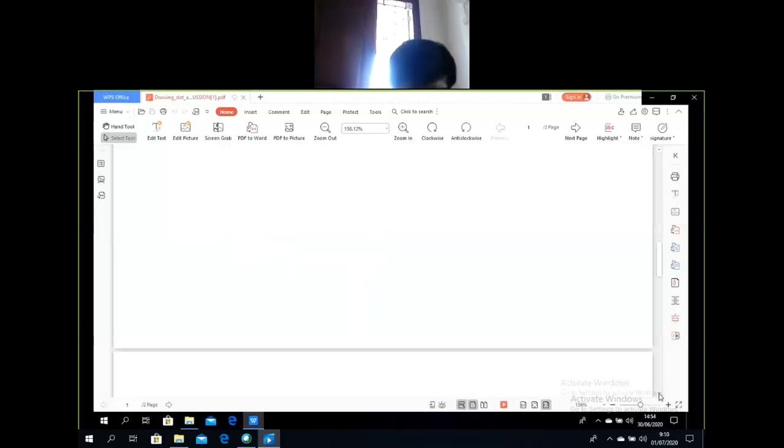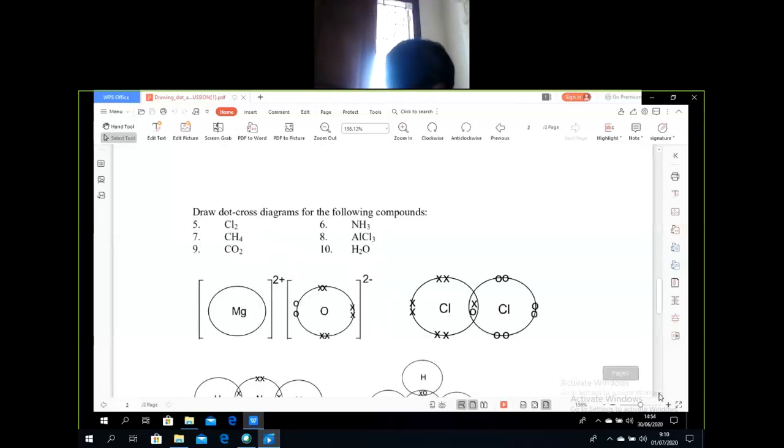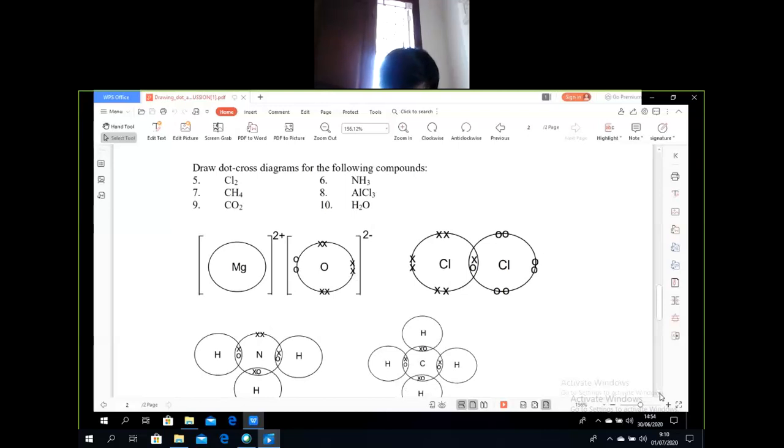And then the second one, dot and cross diagram, okay, from chlorine. Chlorine here, Cl2. As we studied yesterday, I told you that Cl has its own electronegativity and this Cl has its electronegativity also.